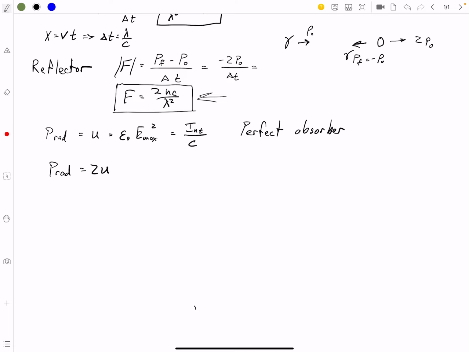It's going to be 2U for the perfect reflector, and that's 2 epsilon naught, and all the other ones that are equal to it. I'm not going to write them all out again. There's a whole bunch of things that are equal to these, right? And you can just keep them normal. It would be a perfect absorber. Multiply by 2, and you've got a perfect reflector.